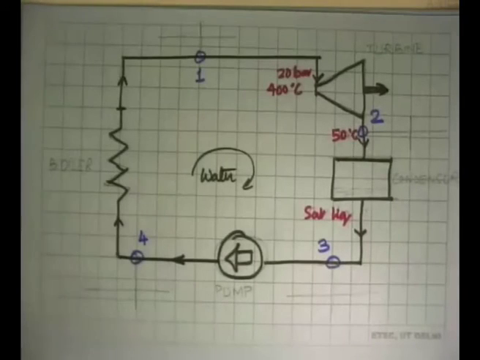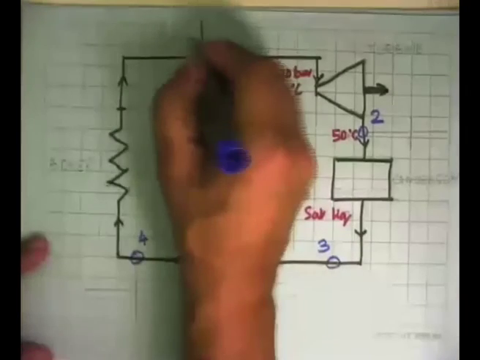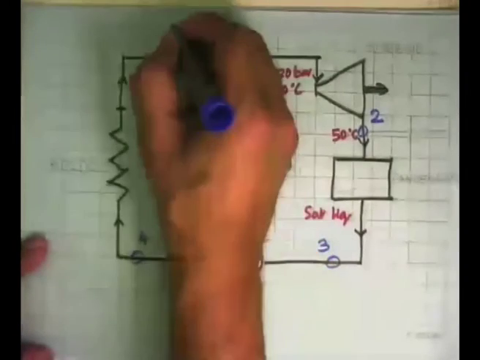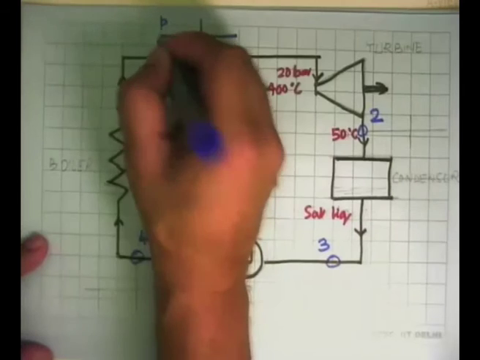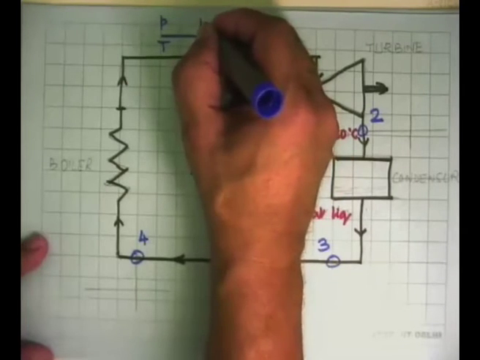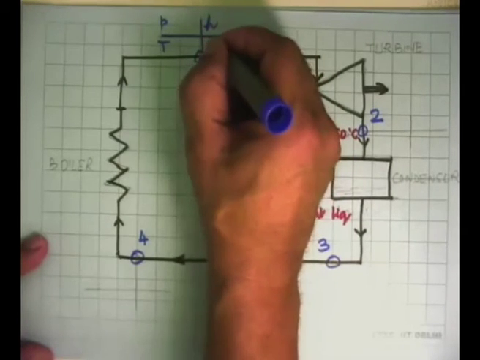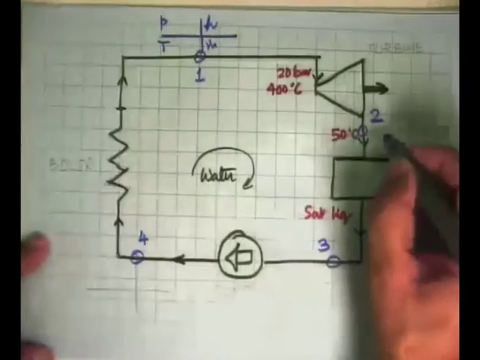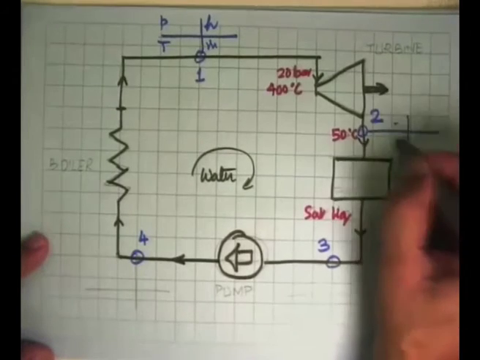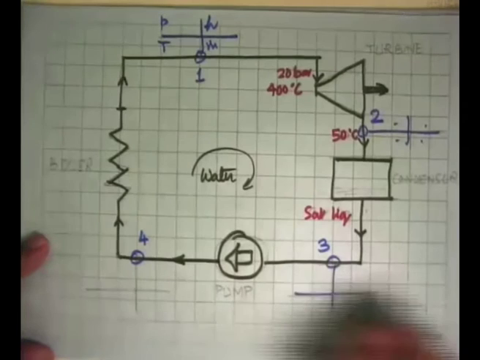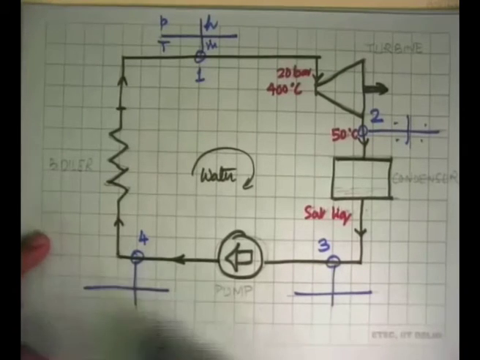And on the diagram itself, the way people would put this data is that here we will write the state, here we will write the pressure, the temperature, the specific enthalpy, and the mass flow rate. So we write the 4 numbers here. Similarly, we can write the 4 numbers here, 4 numbers over here, and 4 numbers here.